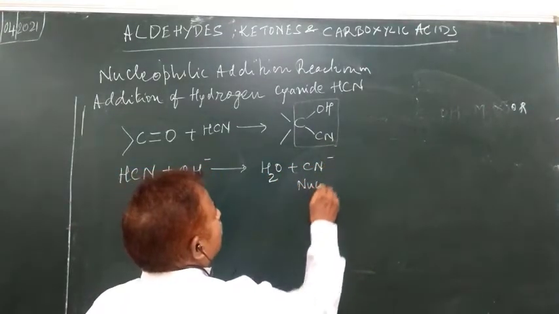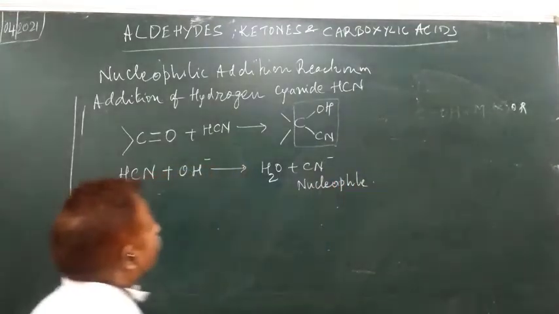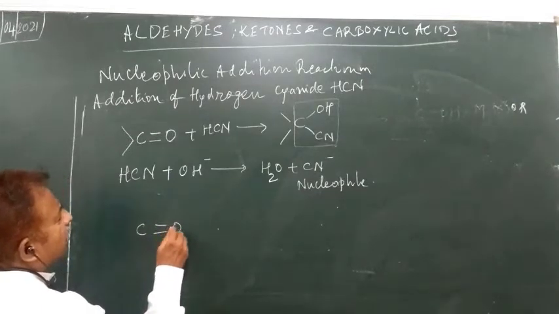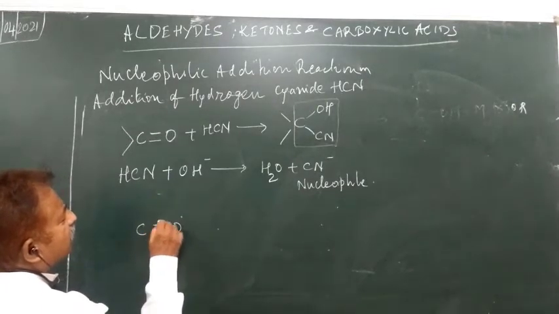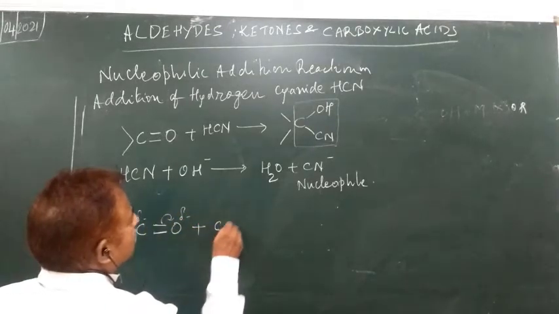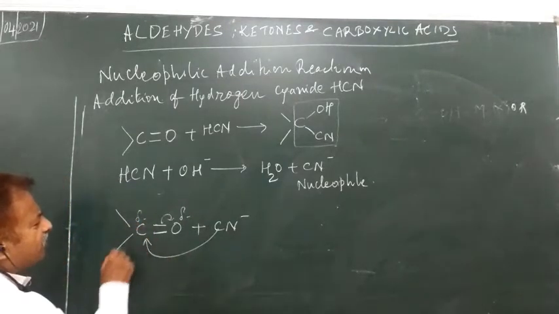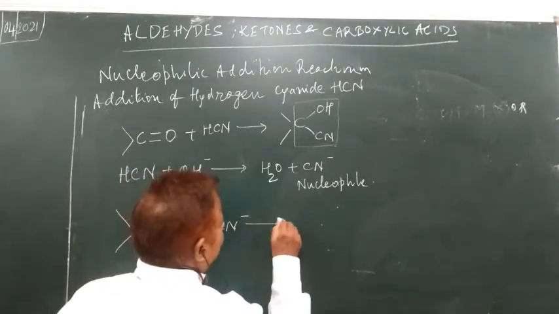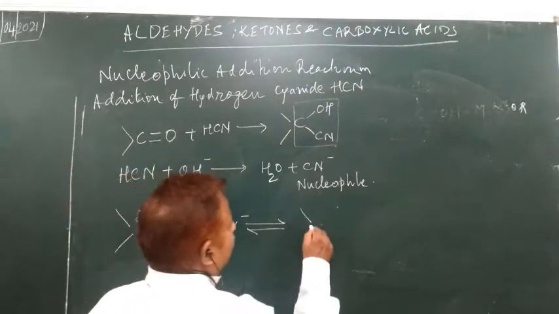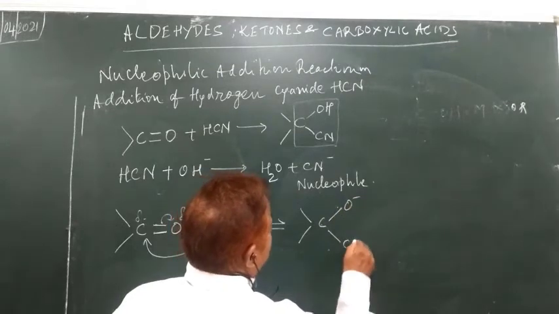This is the nucleophile. Here C double bond O plus CN minus: the cyanide attacks here. Therefore, we get C with O minus and CN.